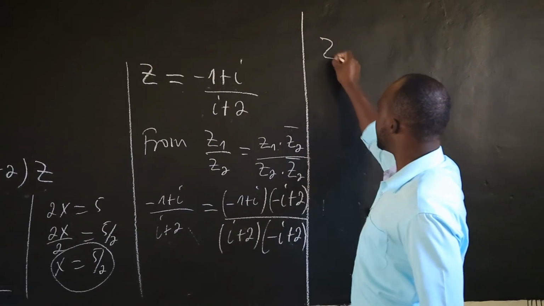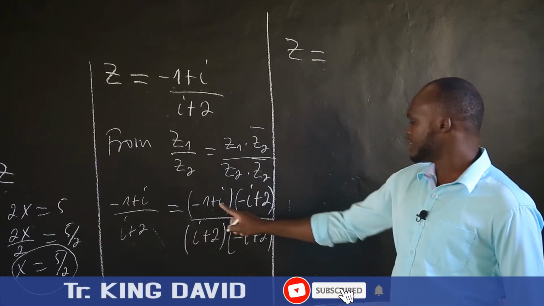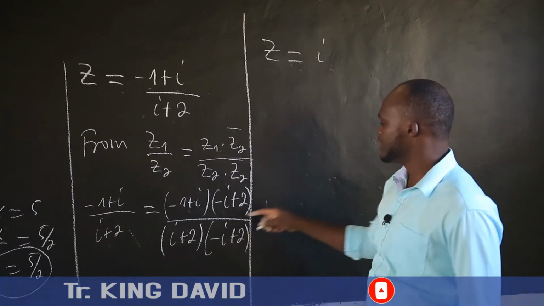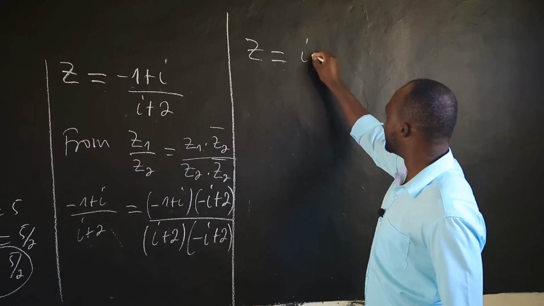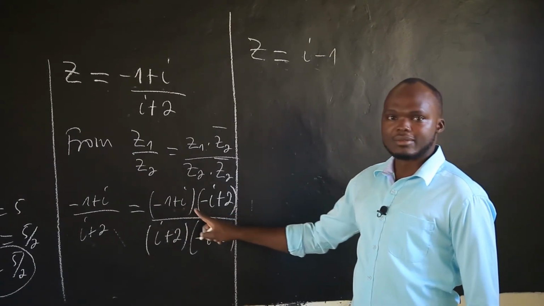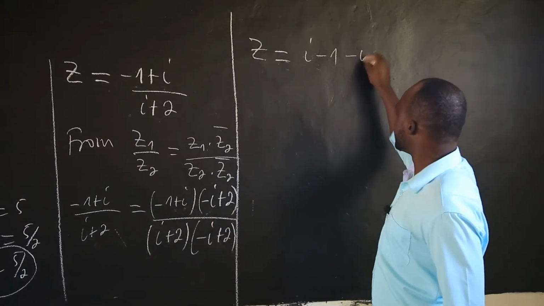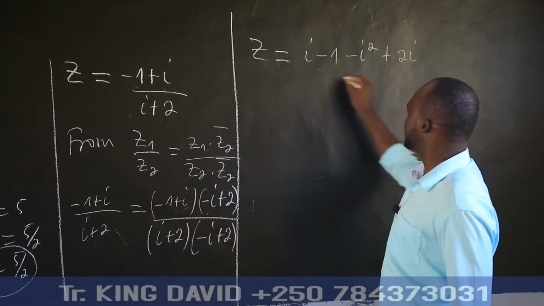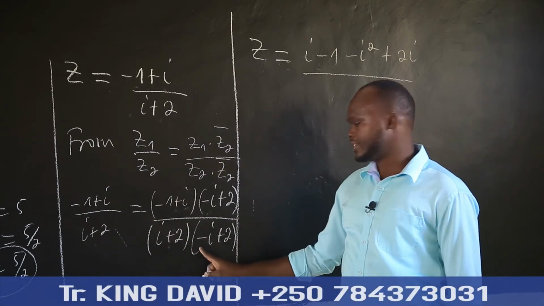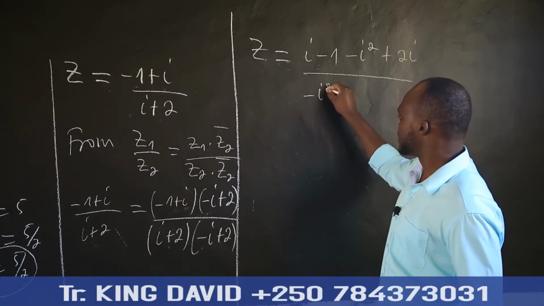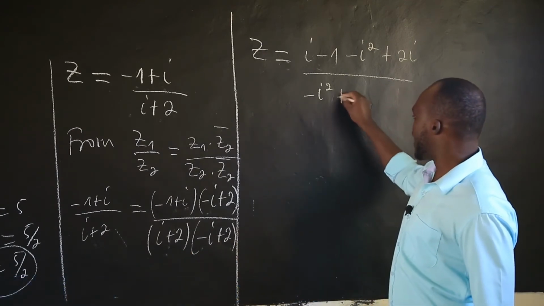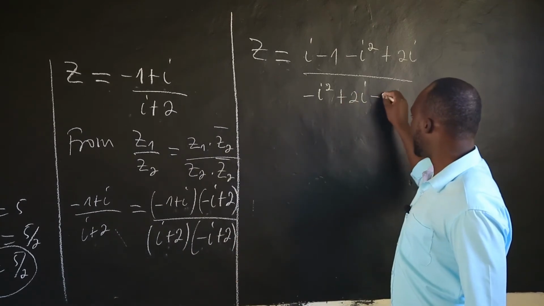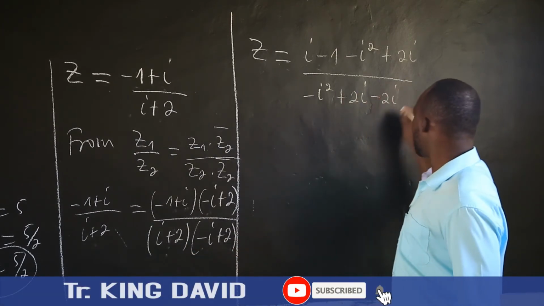So finally, negative 1 times negative I is positive I. Negative 1 times 2 is negative 2. I times negative I is negative I squared. I times 2 is 2I. Divided by I times negative I, which is negative I squared, I times 2, which is 2I, then 2 times negative I, which is negative 2I, and 2 times 2, which is 4.